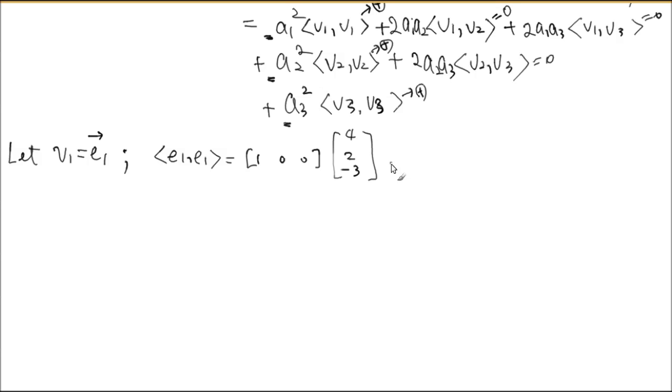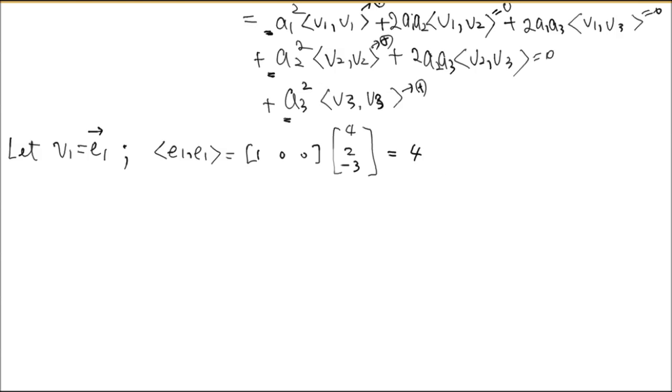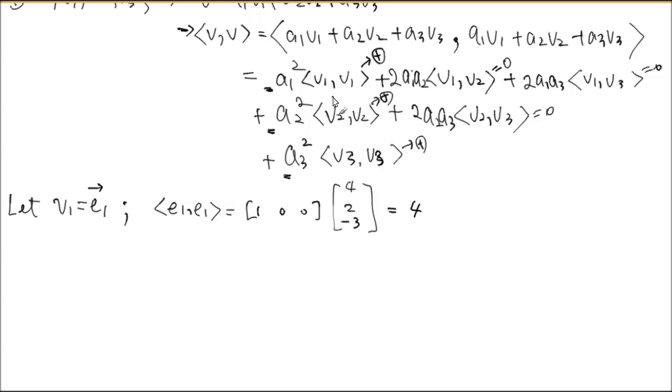So it's a dot product here. Did you know that a dot product is written this way, as matrix multiplication? It just picks up 4. Right? So we're good. This is 4 here. It's going to be 4 times a squared. That's good. What if that turned out to be negative 4? That we don't know yet, but we're going to pursue it. All right, that's good. So we got that one vector satisfying this.